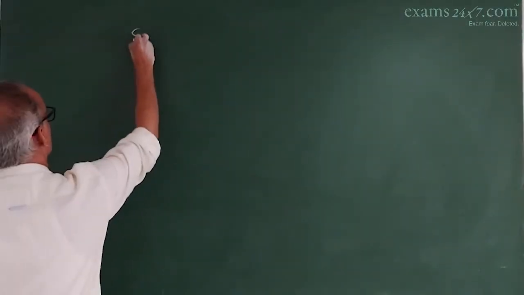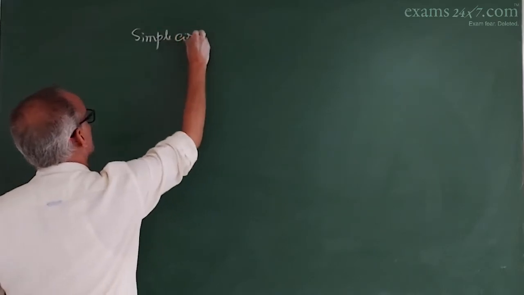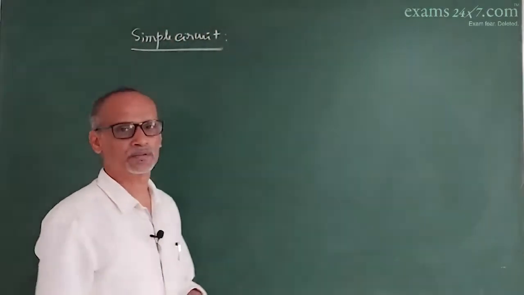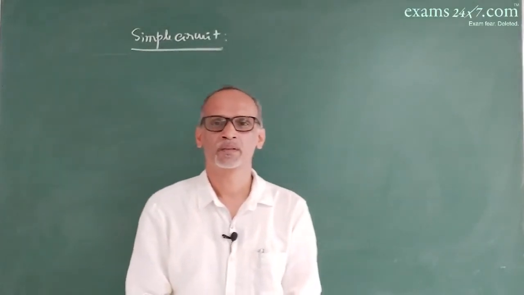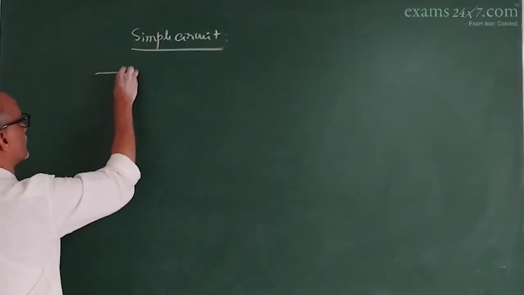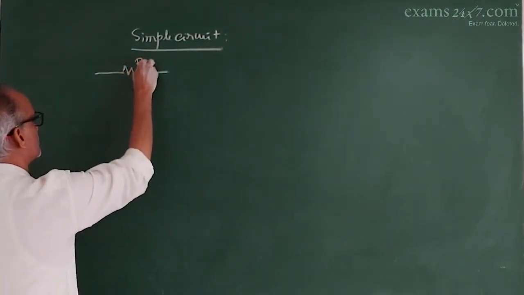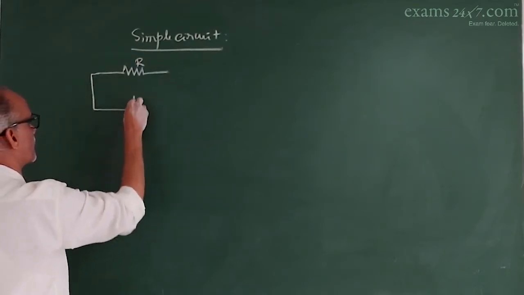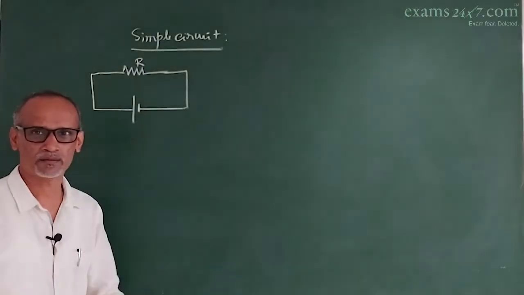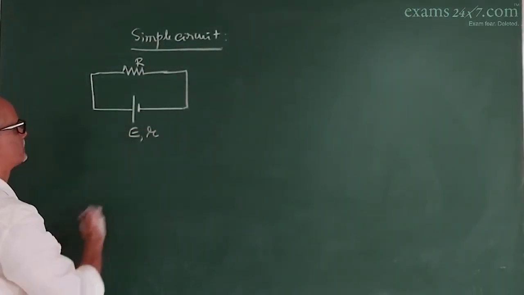So now let's learn everything about an important circuit called a simple circuit. What is exactly a simple circuit? A simple circuit consists of one resistor, which we call the external resistor, and a battery or a cell having EMF E and internal resistance r.